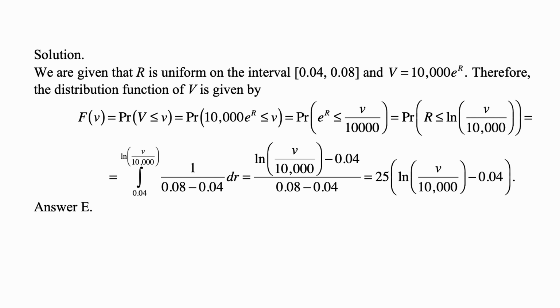Now, of course, 1 over 0.08 minus 0.04, that's 1 over 0.04, that's 25. So we can just write this as 25 times ln of v over 10,000 minus 0.04, and that's the form of the answer that we have in answer E, so it's answer E.